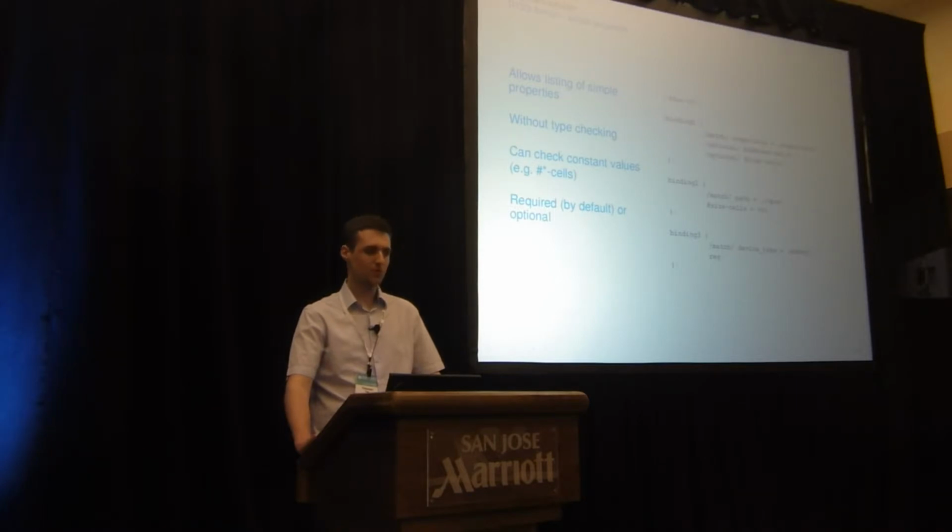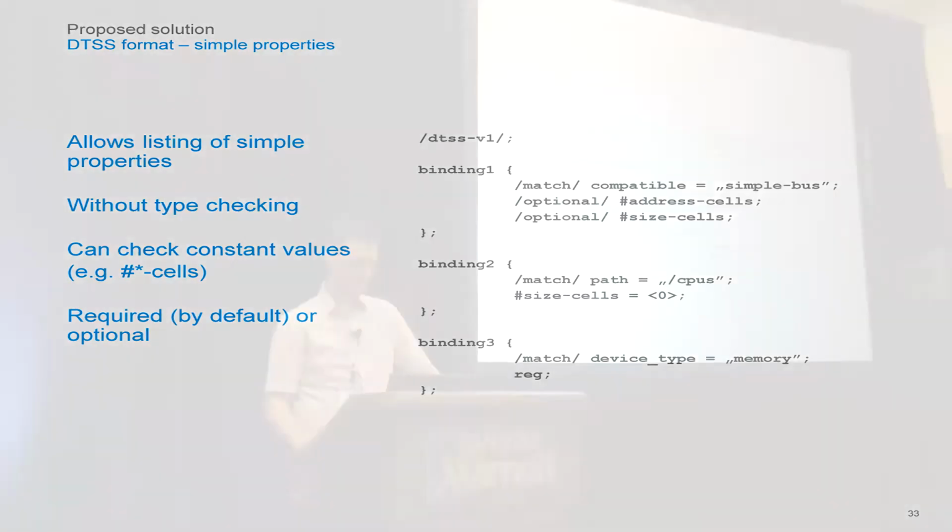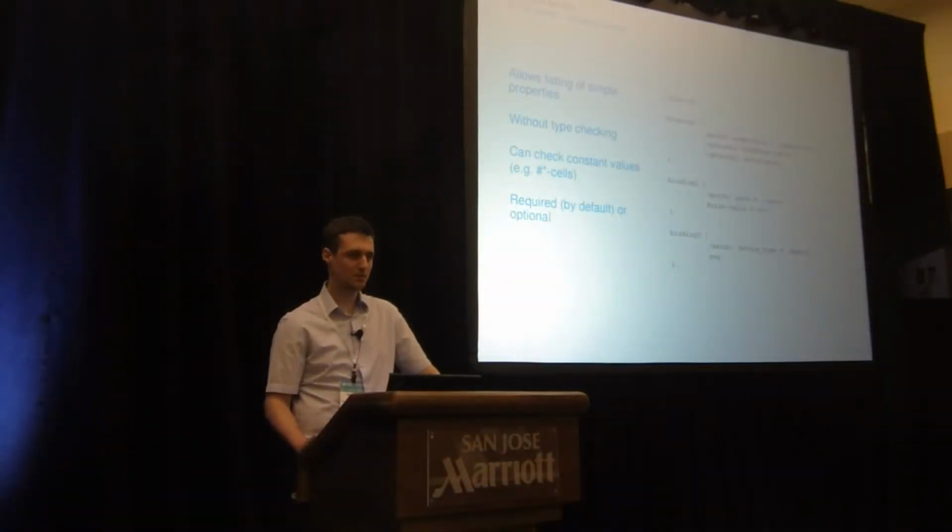This is useful for properties like address cells, interrupt cells that are required by bindings to always have a certain value. And you can also mark properties as optional by the optional keyword that makes the validator just ignore if such property is missing.